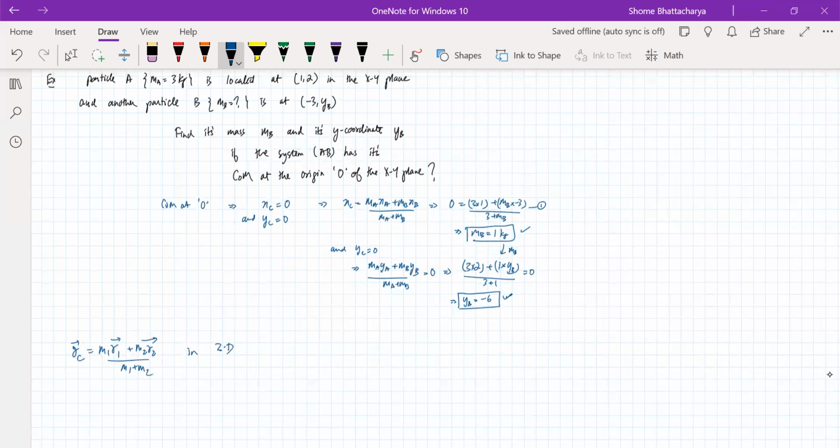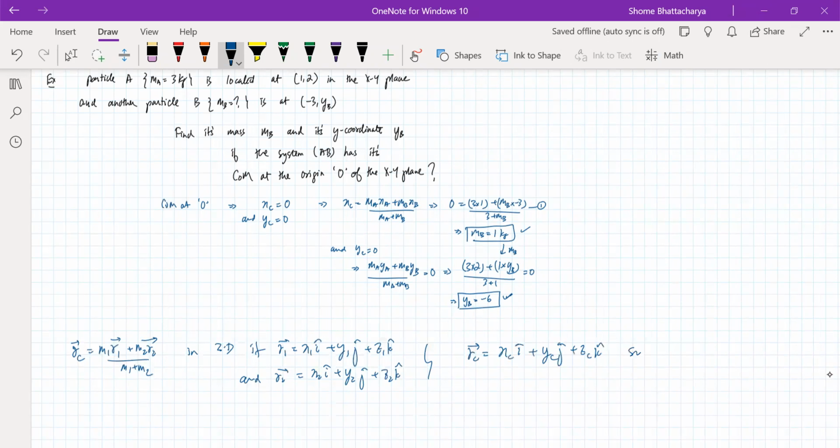So in three dimension, if R1 is x1 i cap plus y1 j cap plus z1 k cap, and R2 is similarly having coordinates x2, y2 and z2, then the center of mass will be having coordinates such that, and we have to now just add a z component.